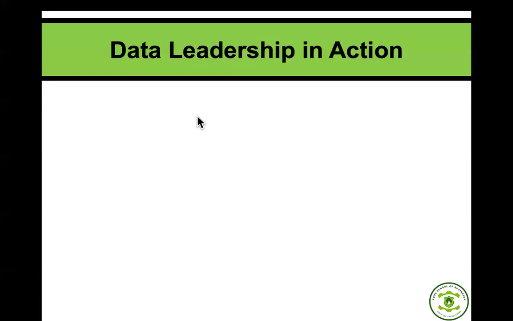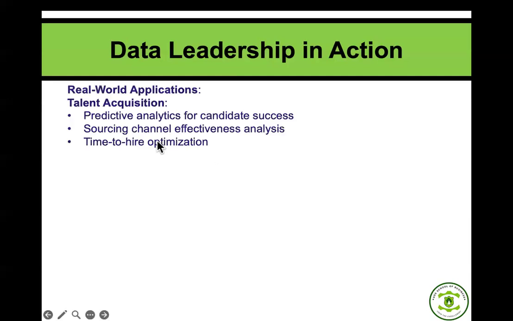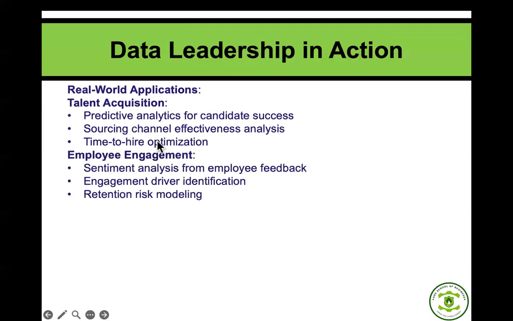That is data leadership. This person is likely to succeed based on the data. Now you give the person more support because you don't want to waste resources by pumping it into everyone. So we can use data leadership in talent analytics, even employee engagement.